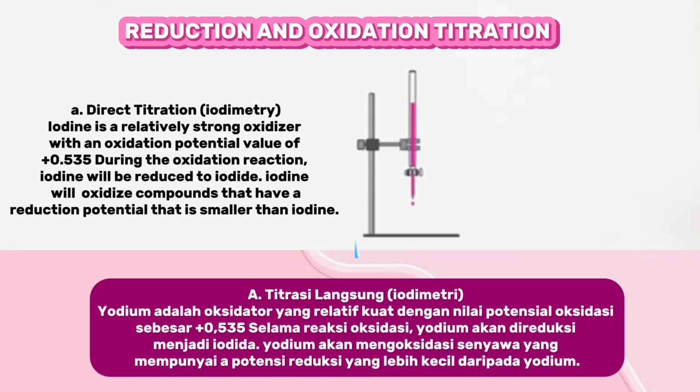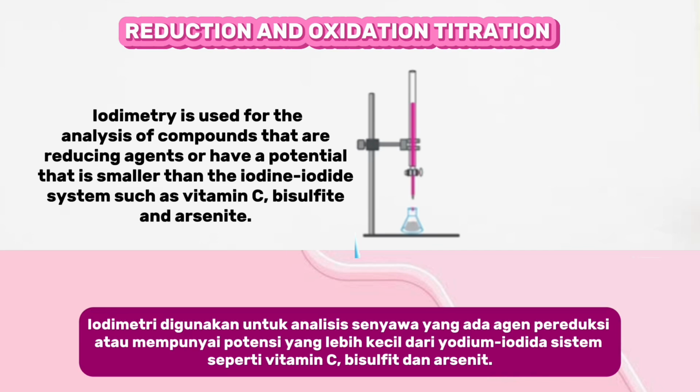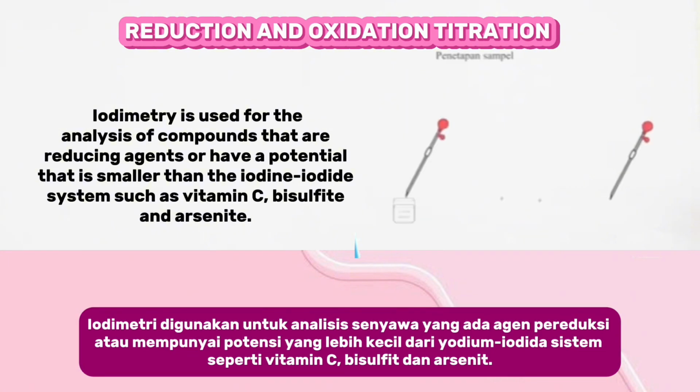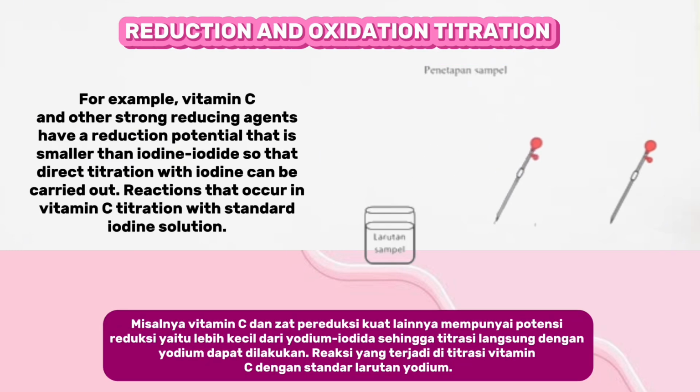Iodine will oxidize compounds that have a reduction potential smaller than iodine. It is used for the analysis of compounds that are reducing agents or have a potential smaller than the iodine system, such as vitamin C, bisulfite, and arsenic. For example, vitamin C and other strong reducing agents have a reduction potential smaller than iodine, so direct titration with iodine can be carried out.